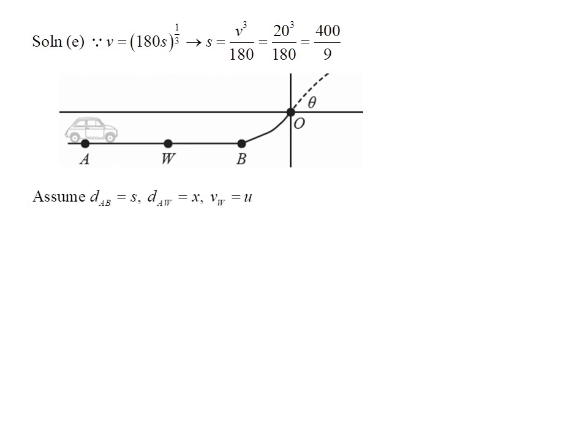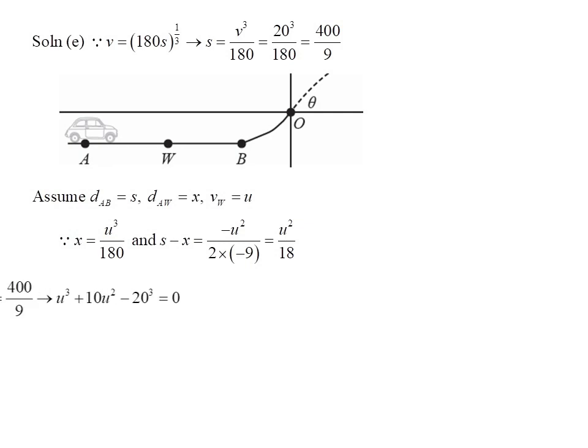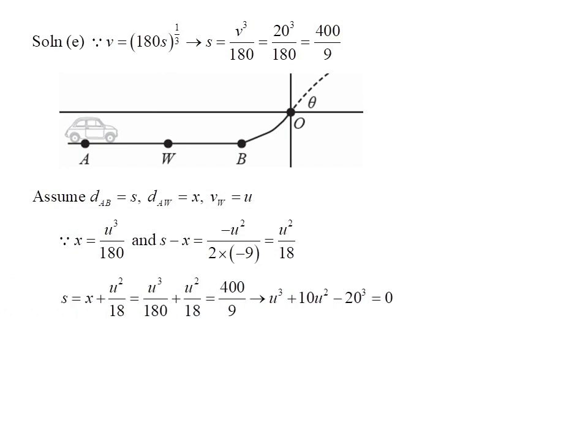Here we assume d sub AB equals s, d sub AW equals x, and v sub W equals u. Since x equals u cubed over 180, and s minus x equals u squared over 18, s equals x plus u squared over 18, which equals u cubed over 180 plus u squared over 18 equals 400 over 9. At this stage, we have a cubic equation where the speed at W denoted by u is a variable yet to be determined.